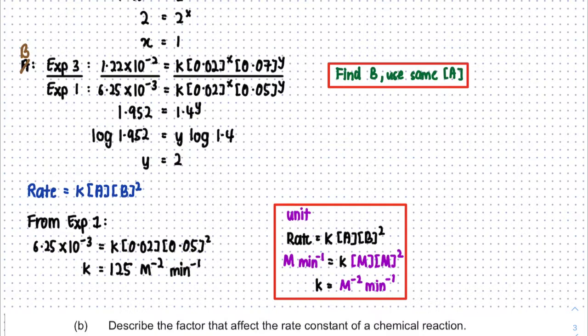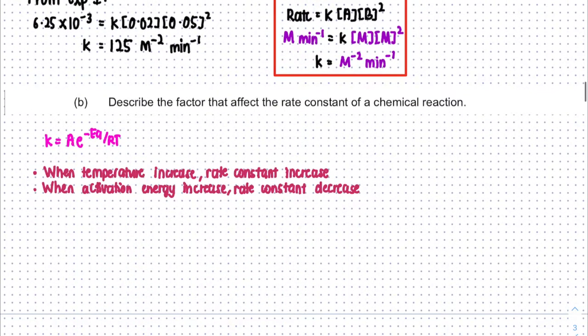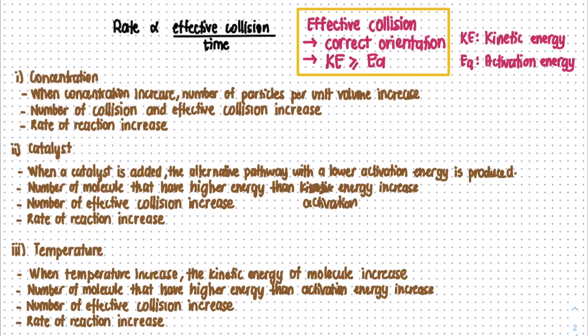Next question. Question B. Okay, B, describe the factors that affect the rate constant of a chemical reaction. So the rate constant is actually our k. Okay, tadi kita mention pasal rate of reaction ni lain. Rate of reaction, this is rate of reaction lah.